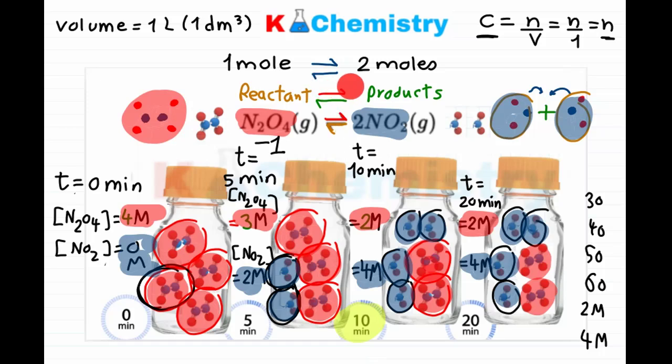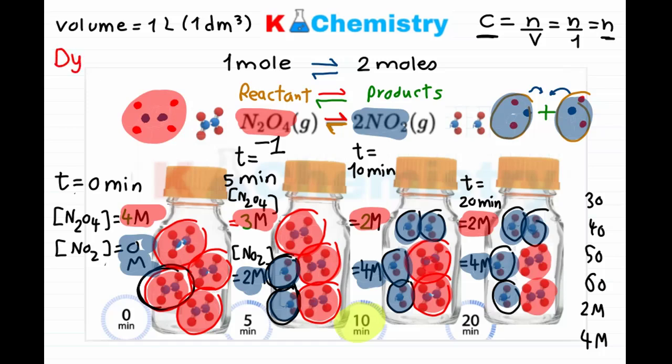The rate of the breaking down of N2O4 into NO2 is the same as the rate by which NO2 is making the N2O4. So the rate of the forward reaction is equal to the rate of the backward reaction, and this is dynamic equilibrium, as opposed to static equilibrium. This equilibrium is dynamic.